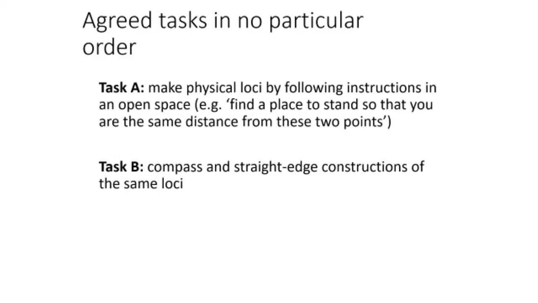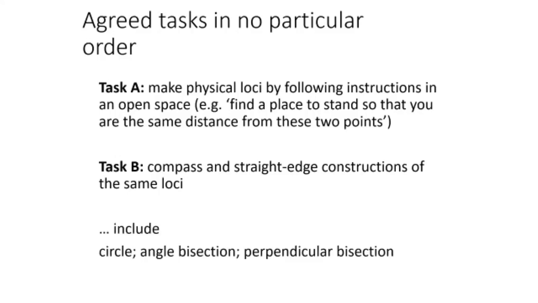And the other task was to do compass and straight edge constructions of the same loci. And all the teachers agreed to include construction of a circle, angle bisection, and perpendicular bisection of a line segment.